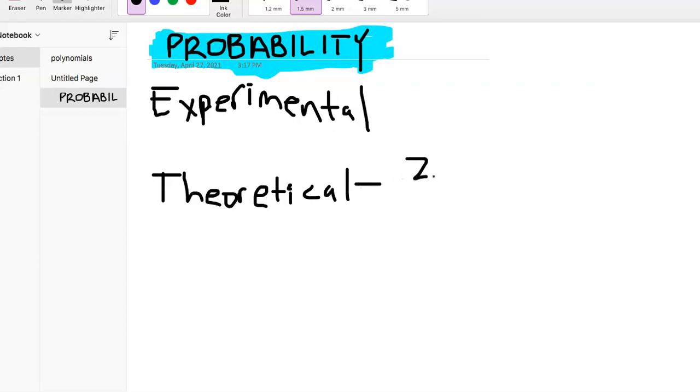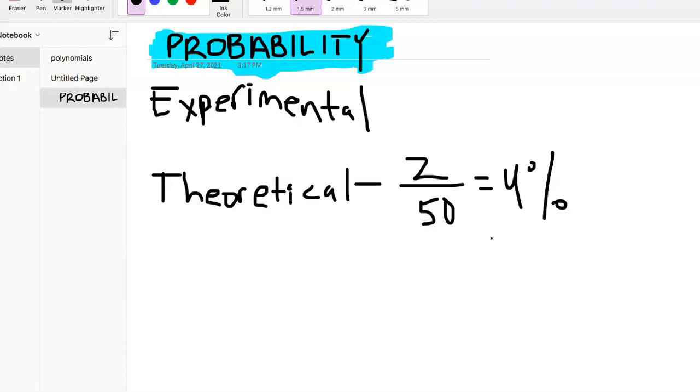There would be two aces left in the deck, 50 cards left in the deck, and so my theoretical probability of drawing an ace with the next card would be 4%. Okay, so that's the difference between experimental and theoretical. Again, experimental has already happened. Theoretical is the likelihood that it will happen again.